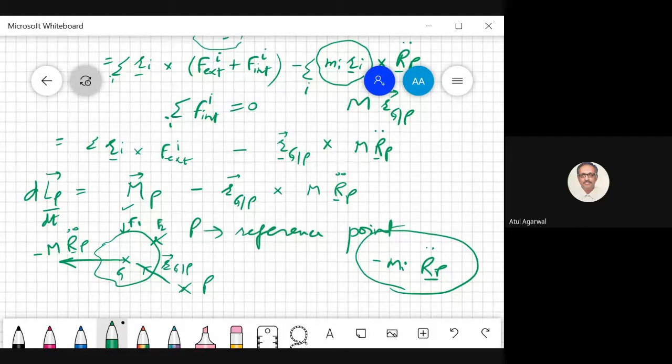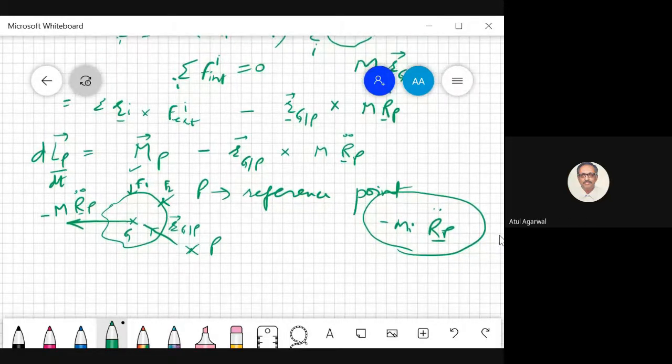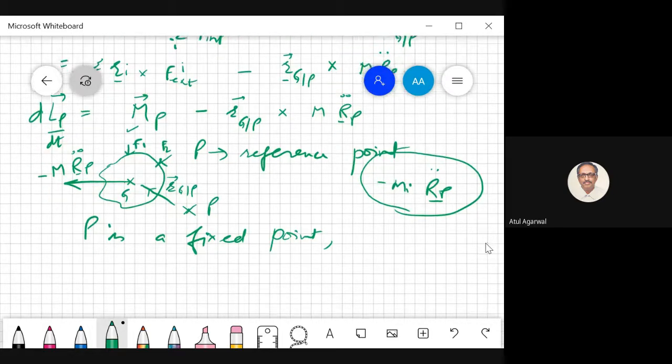Now what happens? Suppose this point P is a fixed point. Fixed point means it simply becomes equal to the torque due to the external forces, and the minus part, this acceleration, is zero. P is a fixed point. So what you get? dLp by dt is equal to your Mp.